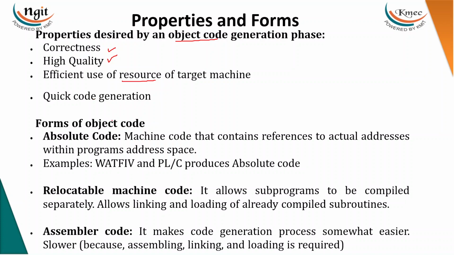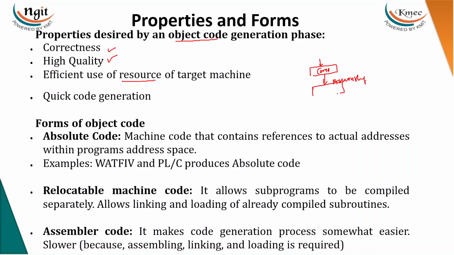And what are the forms of object code? There are absolute code, relocatable machine code and assembly language code. As we have already discussed in the language processor in the first unit, once the code is given to the compiler, it will give you the assembly language code, with instructions like move, mul, add, subtraction, like that.